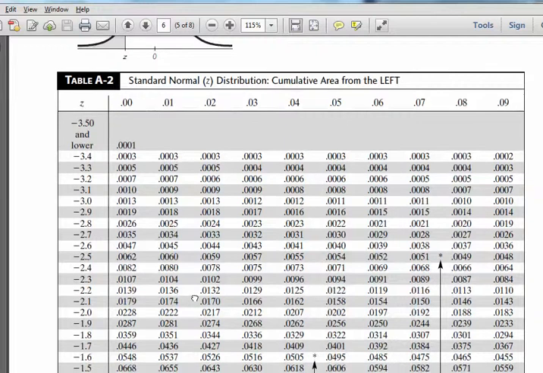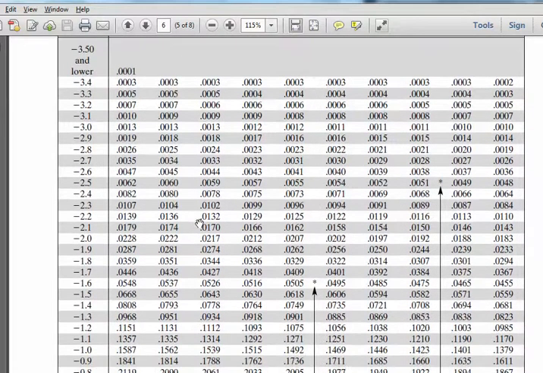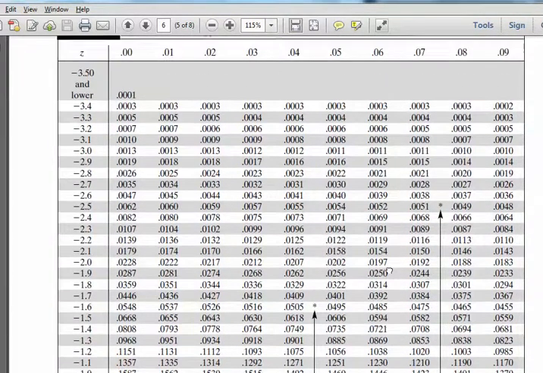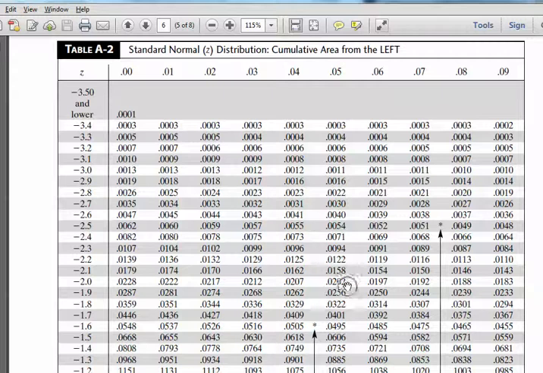I'm going to look up 2%. I might not get all the way there, but I'm going to get close. So this one right here is 3 10,000ths off, and this one right here is only 2 10,000ths off. So I'm going to use this corresponding score. So this is negative 2.05.